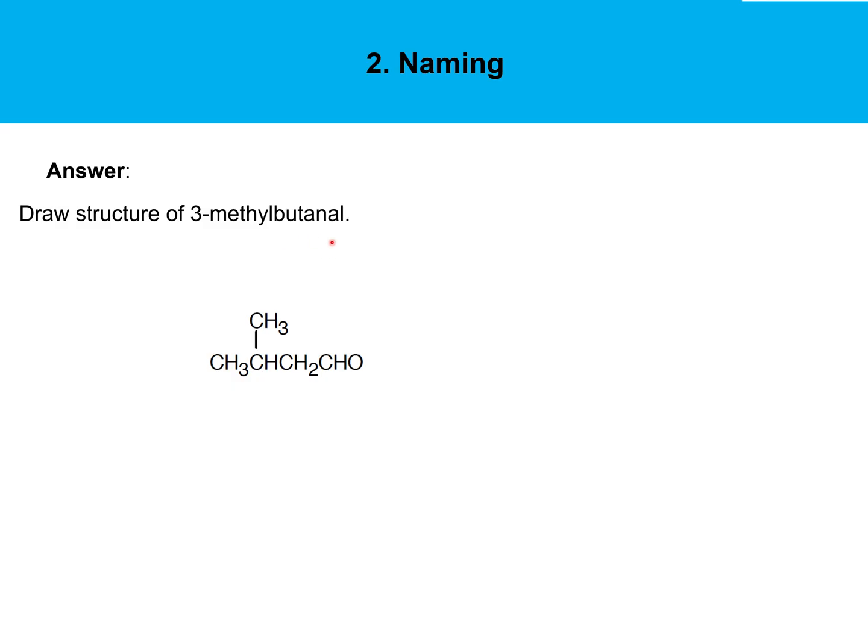So but means 4 carbons, and it's going to be an aldehyde. So we want to draw 4 carbons with an aldehyde at the beginning or the end, whichever way you want to look at it, of the chain. And then on the third carbon, so if the aldehyde carbon is carbon 1, on the third carbon we are going to add a methyl group to complete the name.